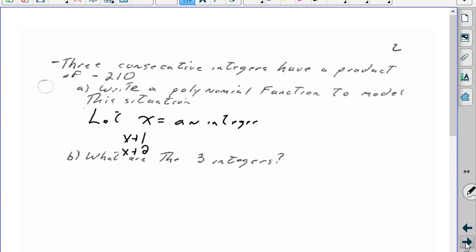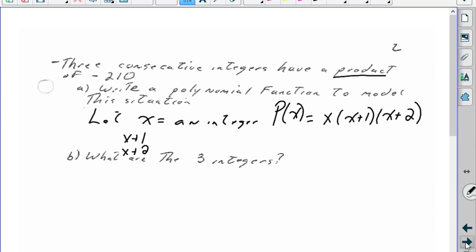Now, we talked about product. So, this equation is going to be x times x plus 1 times x plus 2. That's a polynomial that we could use to solve this. How do we solve this?